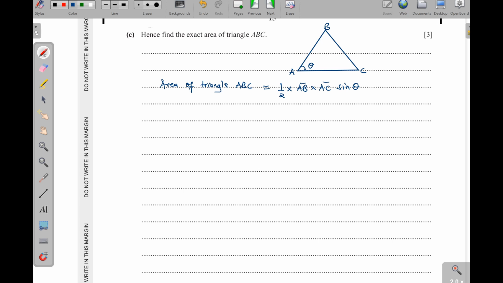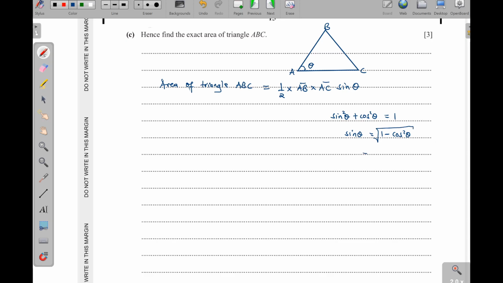Now, remember, sine squared theta plus cos squared theta is equal to 1. So sine theta shall be equal to 1 minus cos squared theta under the square root.